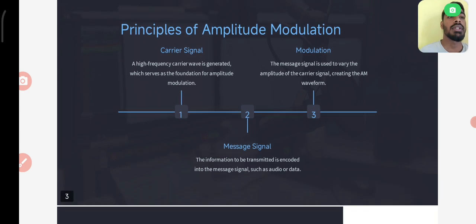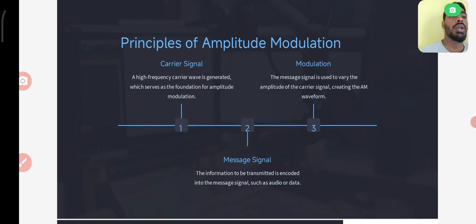Second, message signal: the information to be transmitted is encoded into the message signal, such as audio or data. Third, modulation: the message signal is used to vary the amplitude of the carrier signal, creating the amplitude modulated waveform.